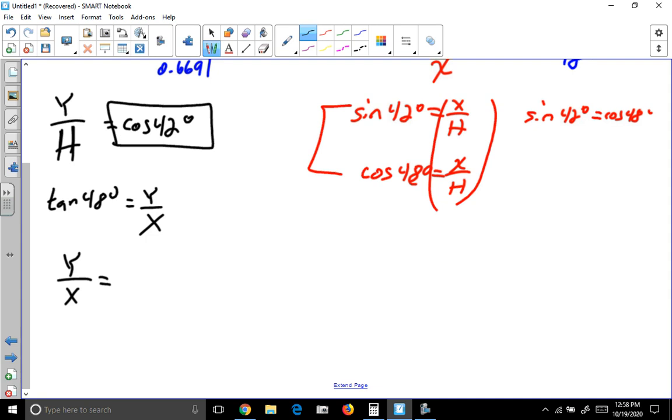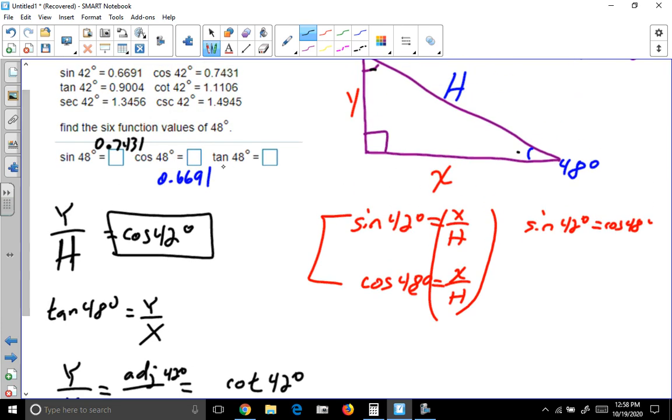So adjacent to 42, opposite to 42. Well, adjacent over opposite is cotangent, and our input is 42 degrees. So tangent of 48, cotangent of 42 is the same thing, so this would be 1.1106.